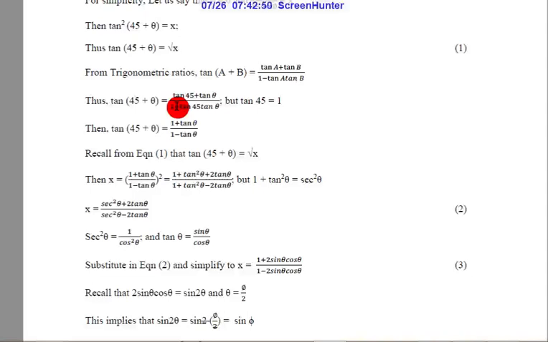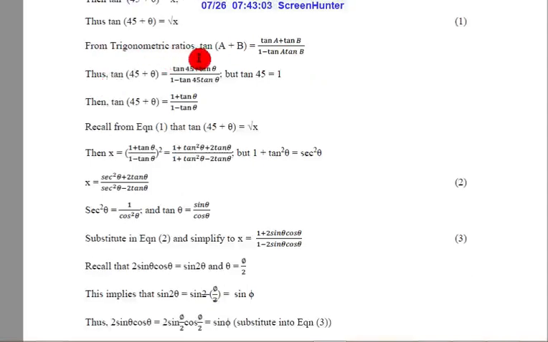Then we know from trigonometric ratios that tan(a + b) is equal to (tan a + tan b)/(1 - tan a tan b). You can see that this expression is similar to ours, which is tan(45 + theta).